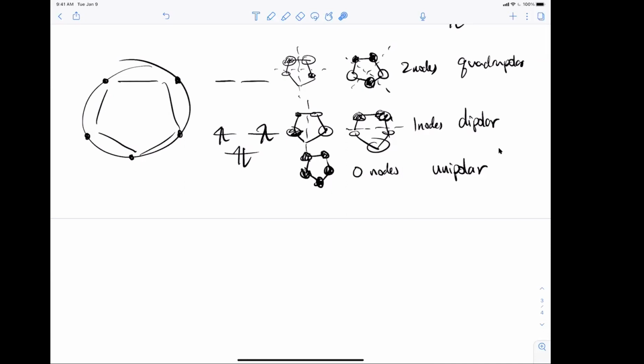So when you're looking for, is this Raman allowed? Is this infrared allowed? You're asking whether or not the motion in the vibration leads to a charge distribution that's dipolar in character.